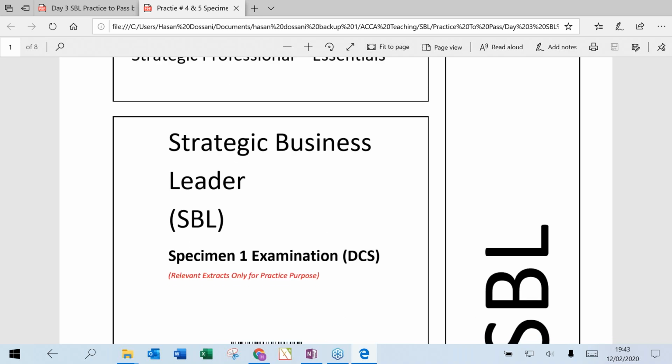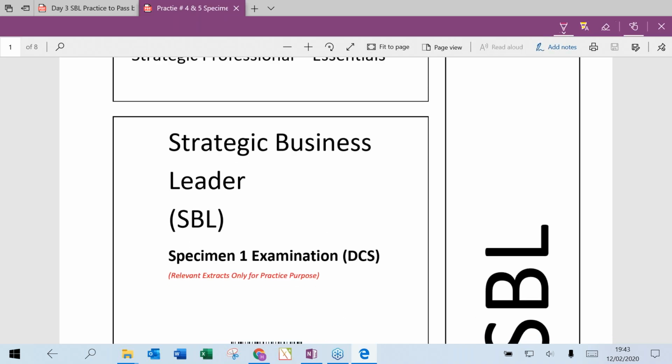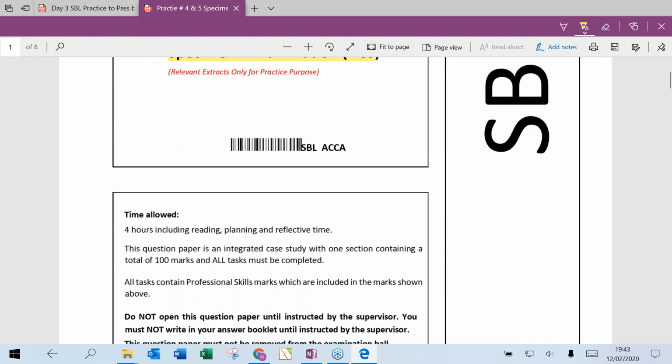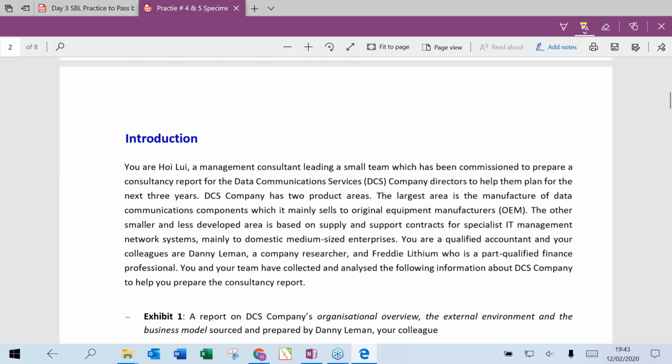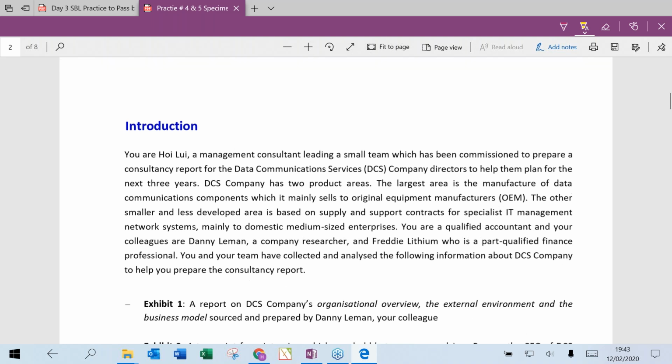So this is specimen paper 1 DCS. I don't think we have read this.